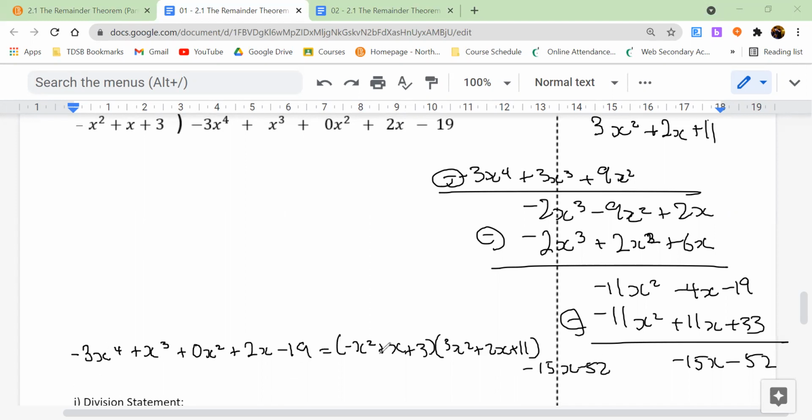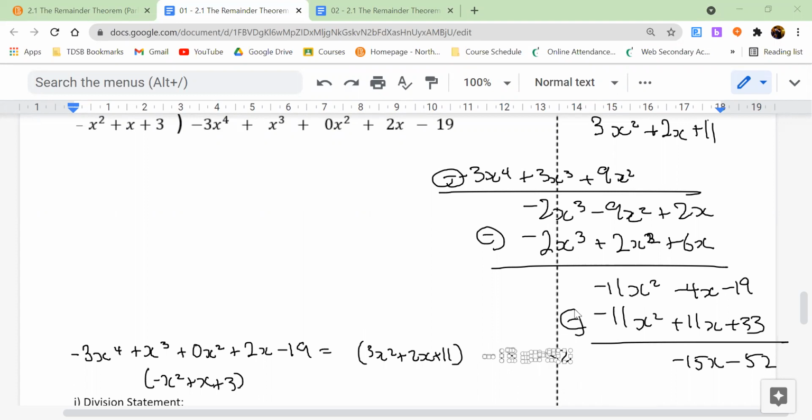And then for the quotient statement, what you do is this would be divided by this. This would be left alone. Okay, and that's it.